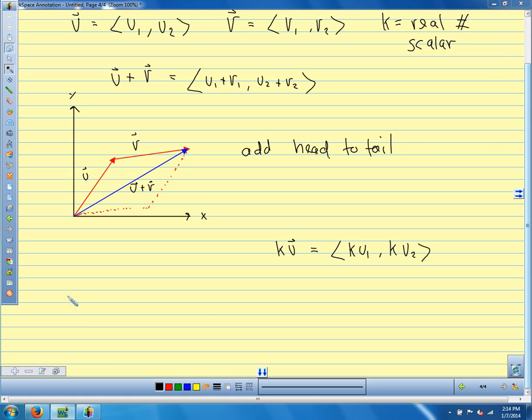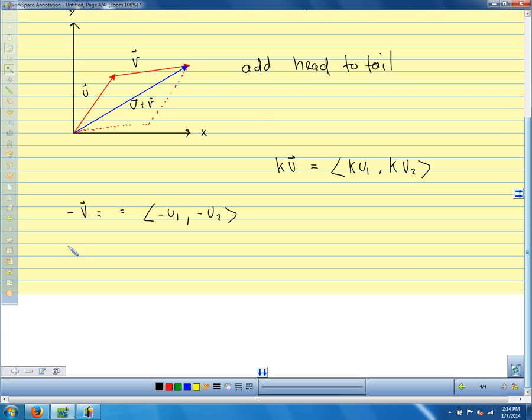So we're going to say negative u is negative u1, negative u2.